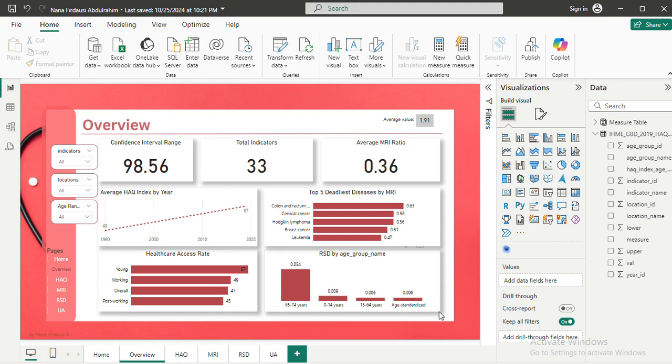Based on what I understand, though I don't know much about health data sets and indicators, I believe the risk standardized is how liable they are to the diseases. So here are the filters I can use to filter across different diseases, and then the locations filter across different locations.